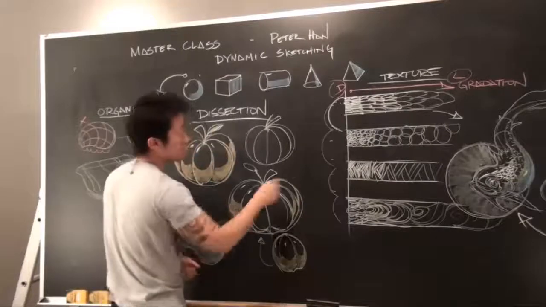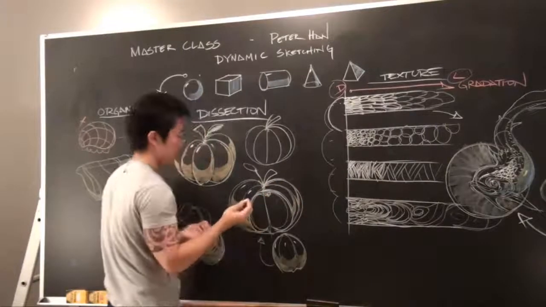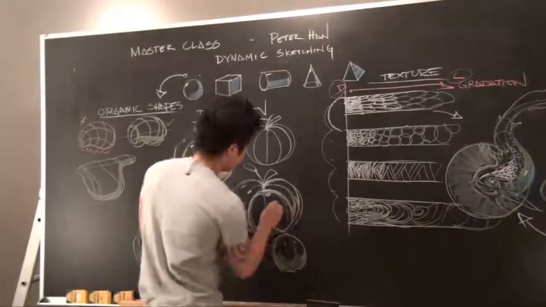Take your dissected parts and you add your texture to them. If it's a particular object you don't know what the interior looks like, it doesn't matter. You just fill it in.